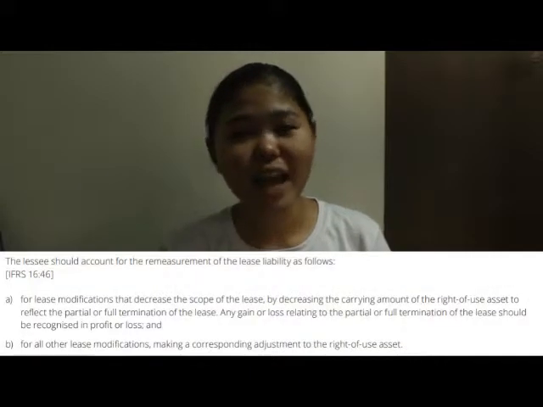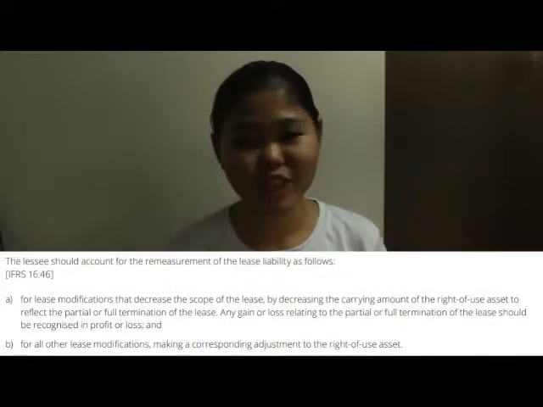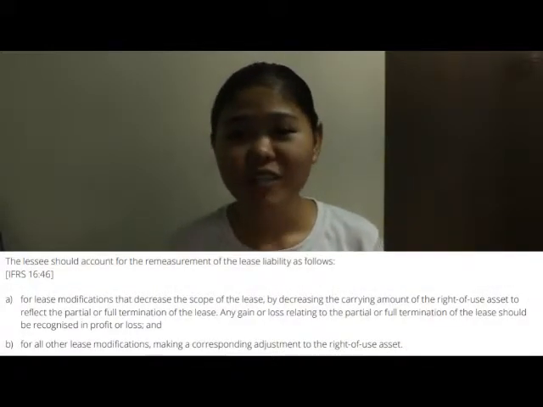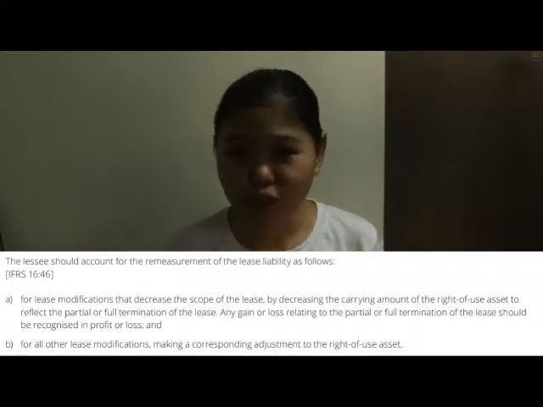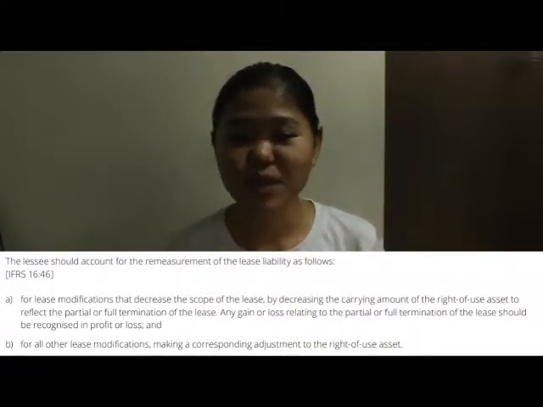May amendment or nag-agree yung both party na amendahan yung lease contract, which is i-decrease ng lessor yung scope ng underlying asset. Kaya, magkakaroon tayo ng remeasurement. So, before anything else, sabi sa IFRS 16, paragraph 46, any gain or loss relating to the partial or full termination of the lease should be recognized in profit or loss statement.